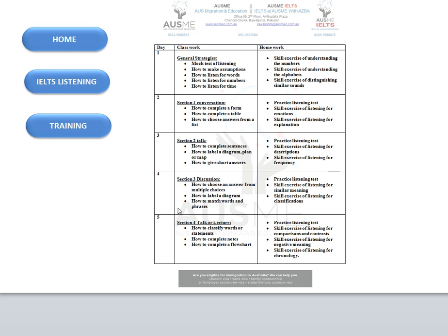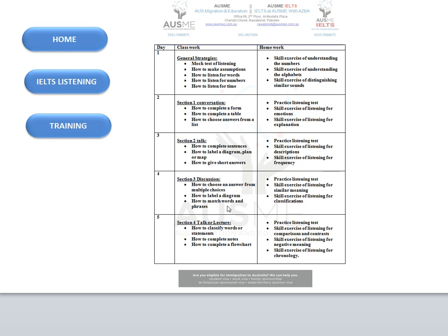On day 4, we move on to section 3, which is a discussion type audio that is played, as you'll have at least 2 to 4 speakers in that audio. So on day 4, we teach you how to choose and answer from multiple choices, how you can answer the multiple choice questions you get, how you'll label a diagram, and how to match words and phrases.